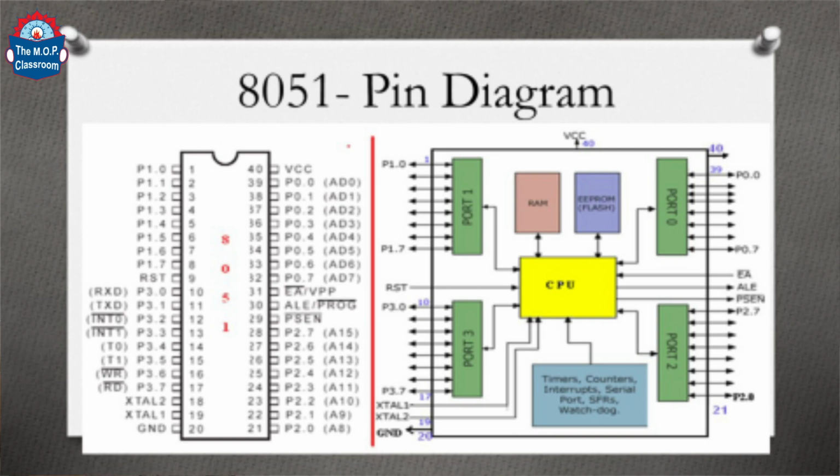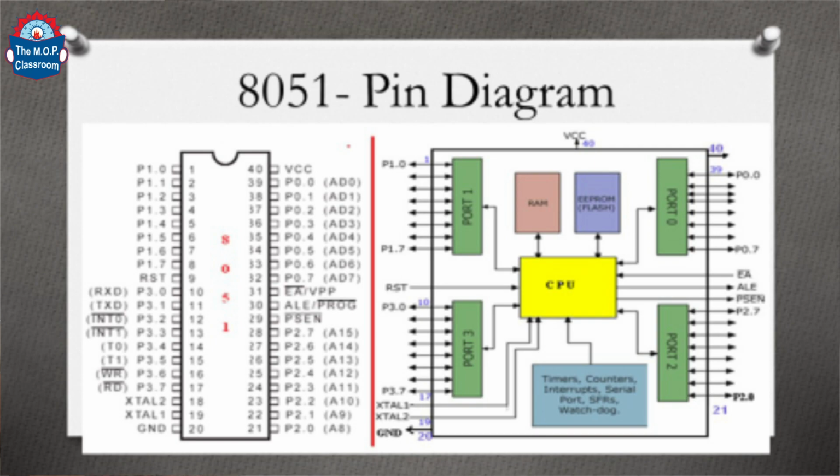So, pins 32 to 39 are used for port 0, pins 1 to 8 are used for port 1, pins 21 to 28 are used for port 2, pins 10 to 17 are used for port 3. Now, these pins are not used for only one specific purpose, they are multiplexed, they are used for dual purpose.